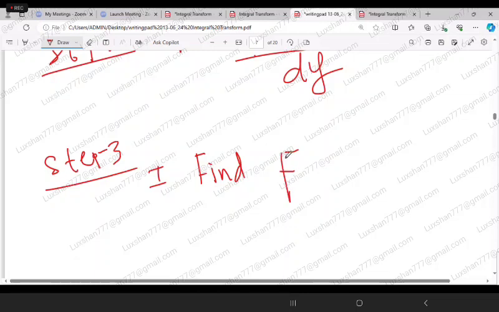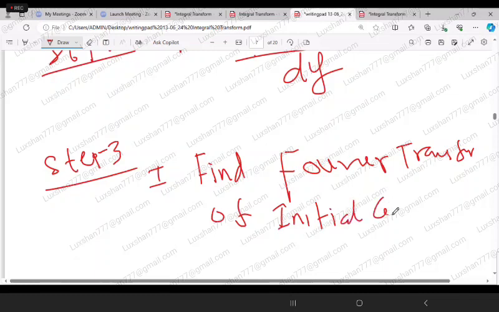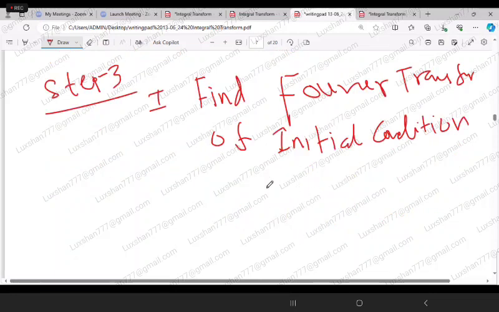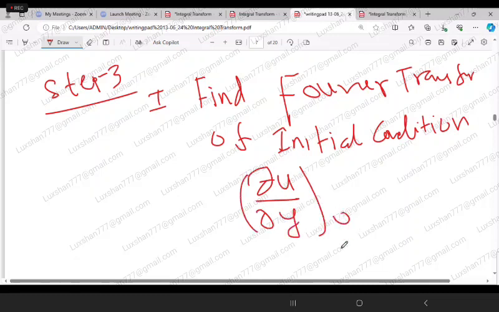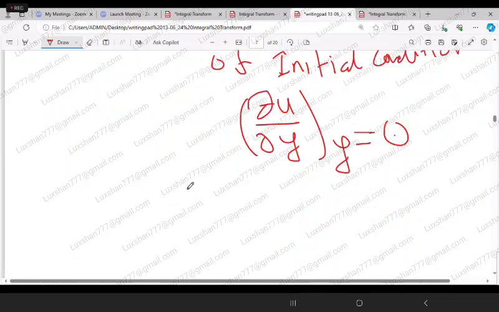Find the Fourier transform of the initial condition, this one: d u bar over dy at y equal to 0. Then find one constant.